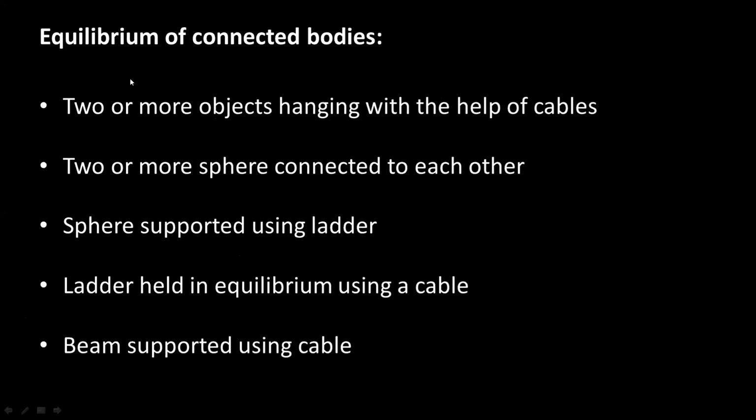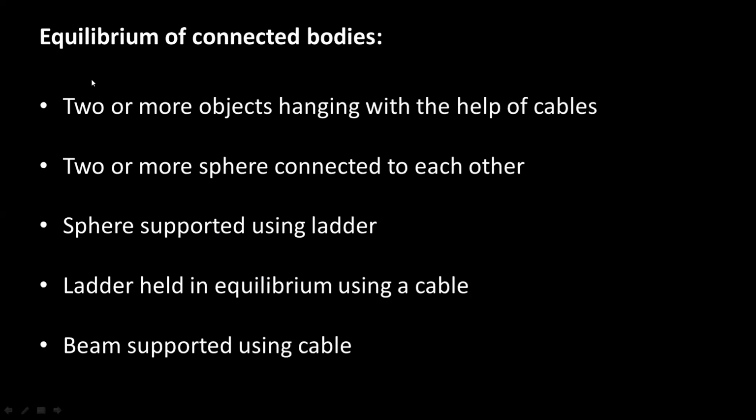Here, two or more objects are hanging with the help of cables, two or more spheres connected to each other, then a sphere supported using a ladder, then a ladder held in equilibrium using a cable, and a beam supported using a cable.